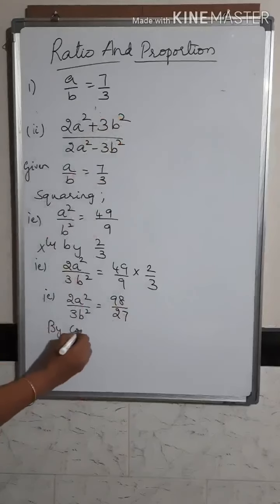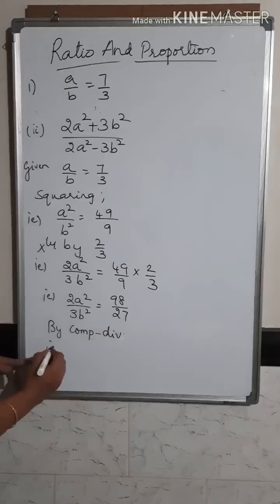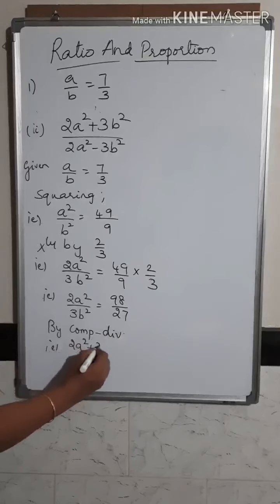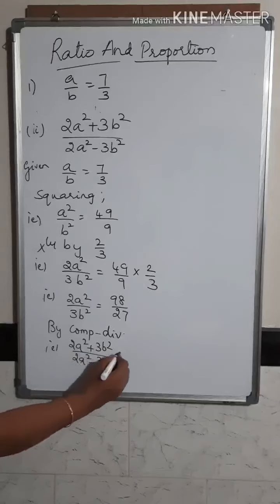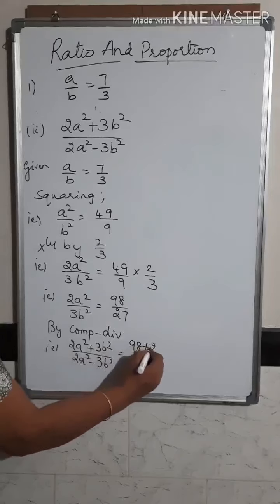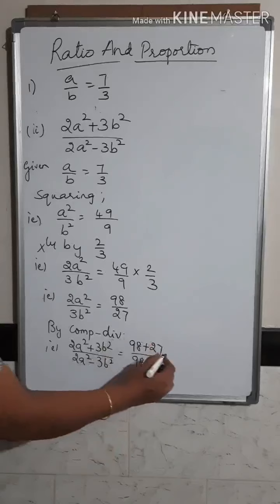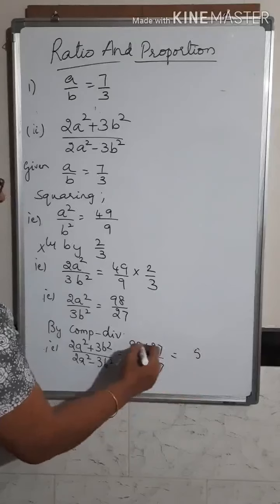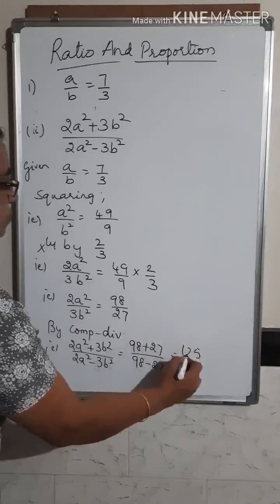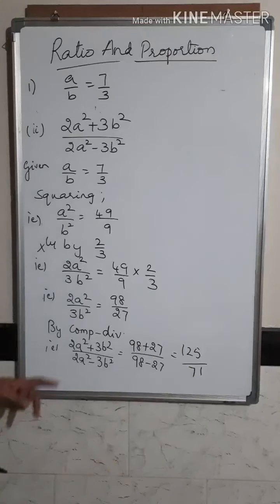By componendo dividendo, you get 2a square plus 3b square upon 2a square minus 3b square is equal to 98 plus 27 upon 98 minus 27. Simplify this: 7 plus 8 is 15, carry 1; 10 plus 2 is 12; 8 minus 7 is 1; 9 minus 2 is 7. This is how you use the property and simplify it.